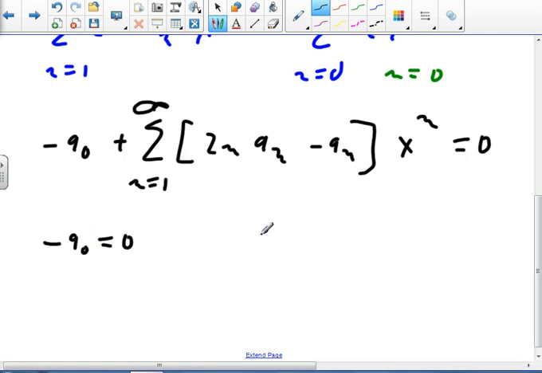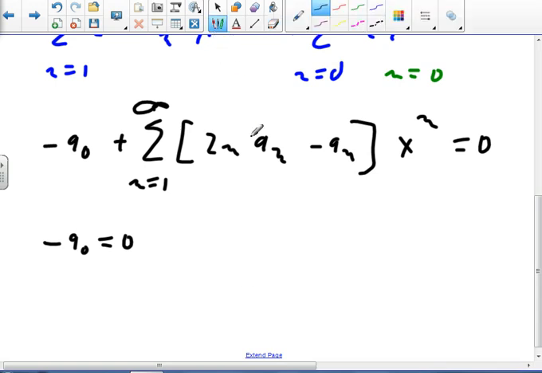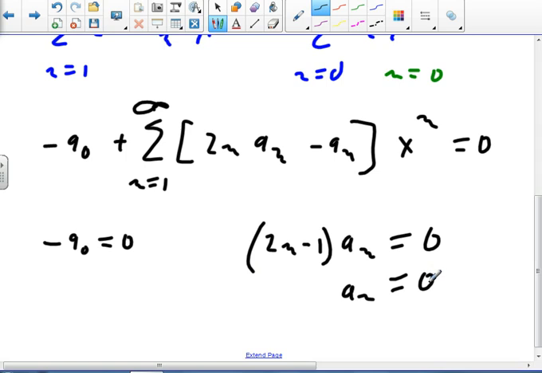I don't have a choice. And my recurrence formula becomes 2n minus 1 times a_n is equal to 0. a_n is equal to 0. So the method fails. I don't have any coefficients.